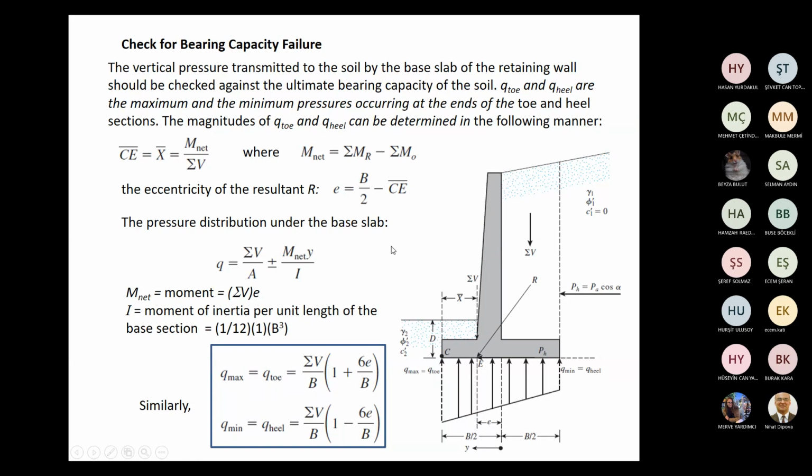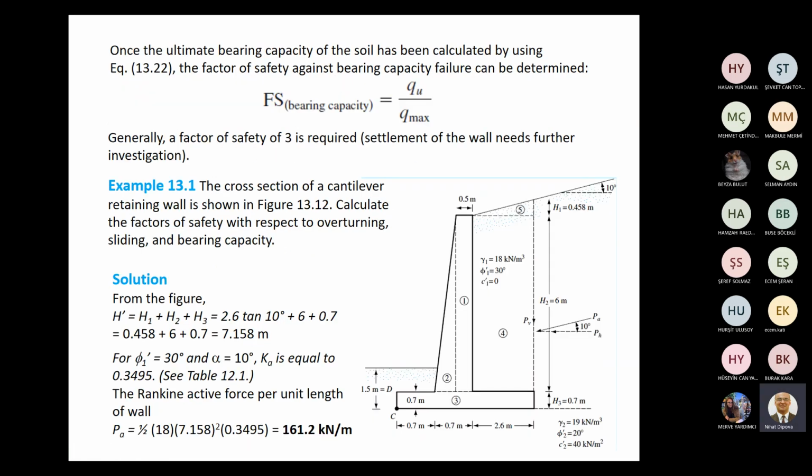And then we can calculate the eccentricity value. This value is equal to half of the B minus this X value. This is eccentricity. So using our stress distribution equation, Qmax and Qmin can be calculated.